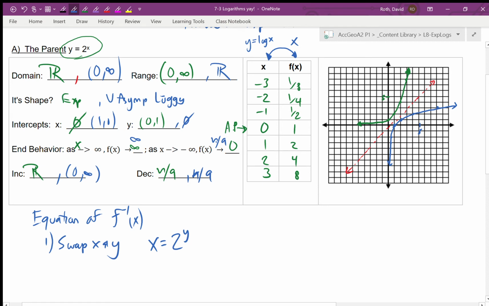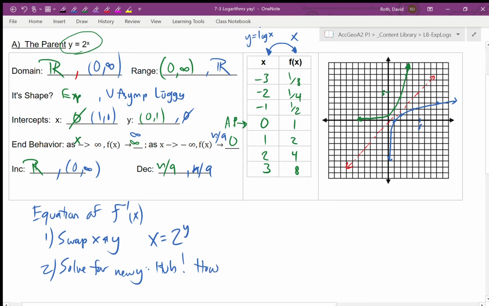Step 2 was solve for the new y. How do I do that? Well, that is exactly what we need to learn how to do.